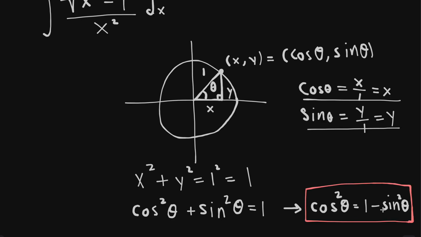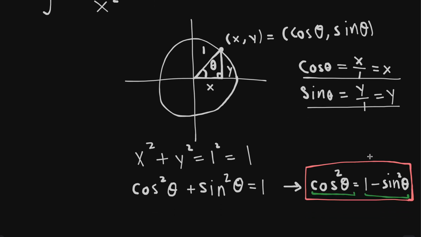Because what this does is it takes a difference on this side and transforms it into just a single thing squared. And that is a very nice thing to have underneath a square root. So there's one of the identities that we're going to need.